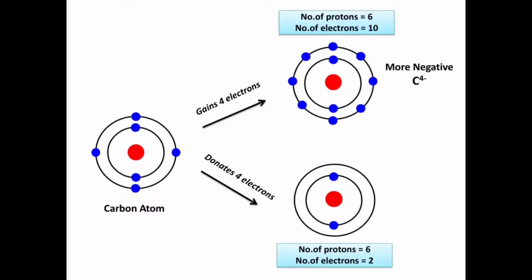And now the number of protons, that is the positive charge, is greater than the number of negative charges, and the carbon atom becomes more positive in nature. So when the carbon atom gains 4 electrons or donates 4 electrons, it leads to a condition of instability. So let us see the condition under which the carbon atom achieves its stability.